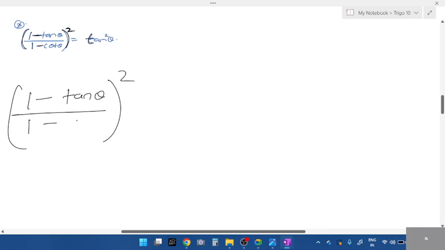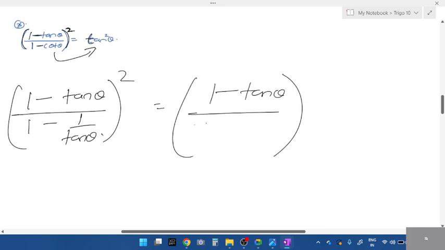What is the reciprocal for cot? No, we don't need the quotient relation. How do I convert cot into tan? See, cot I have to convert into 1 by tan theta. So I'll keep 1 minus tan theta as it is, divided by, what's the value?